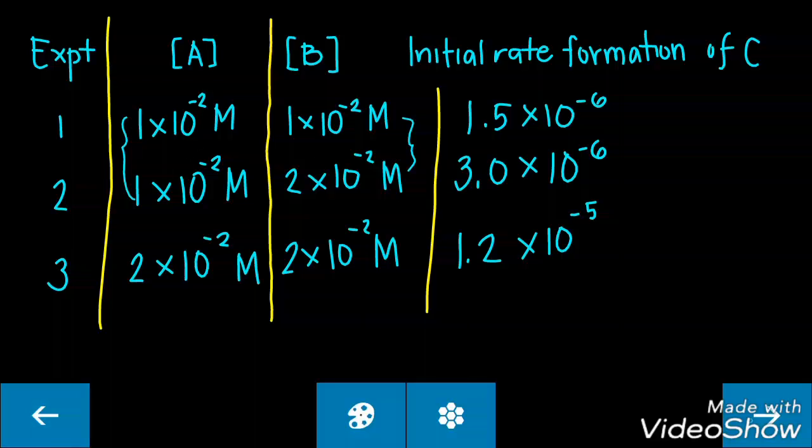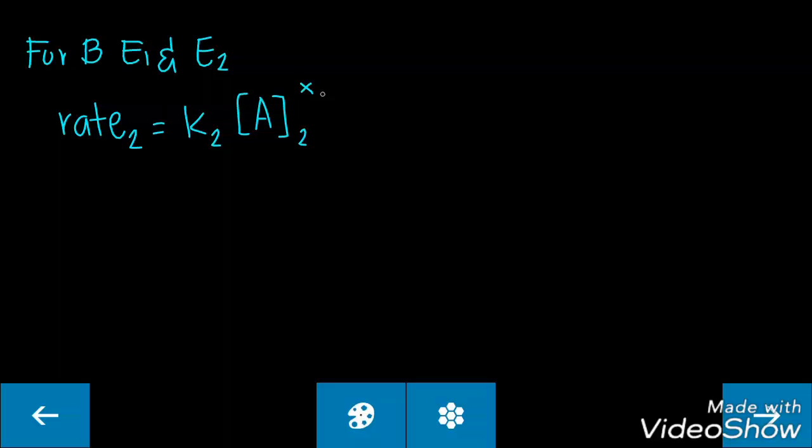So we will just write the rate law. For equation 2, we have the rate 2 is equal to K2, the concentration of A, raised to X, and the concentration of B2 raised to Y.